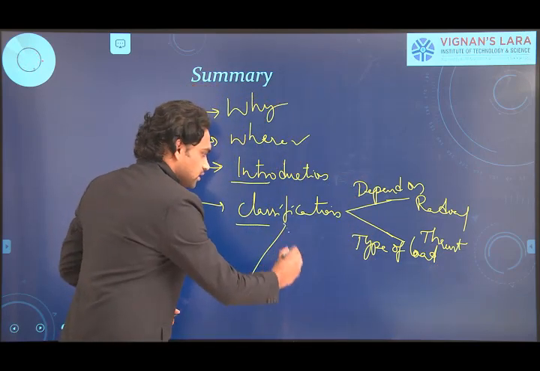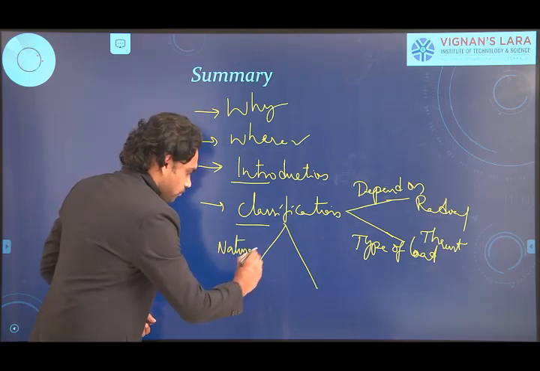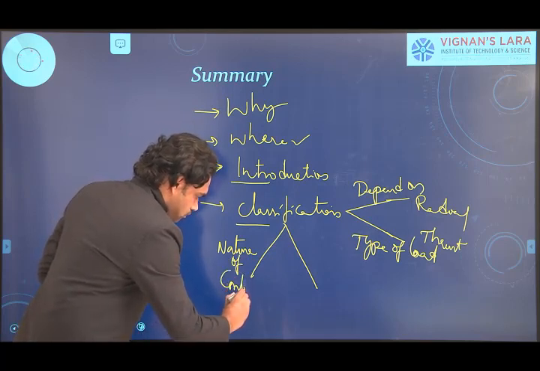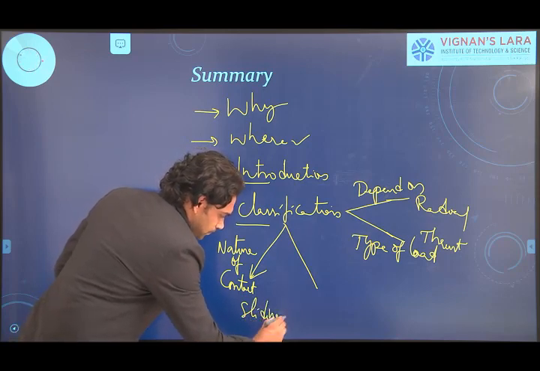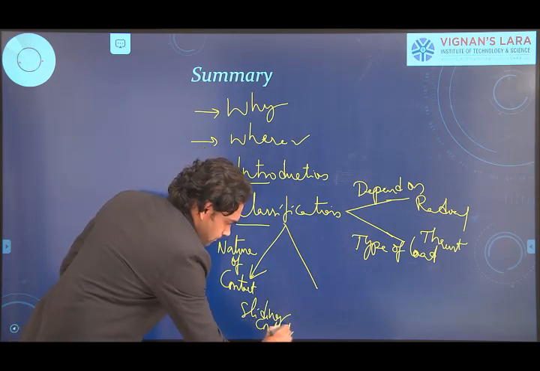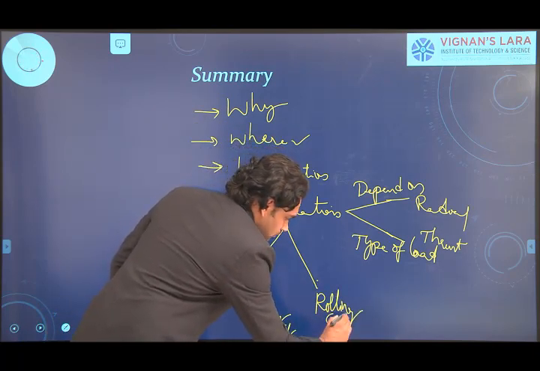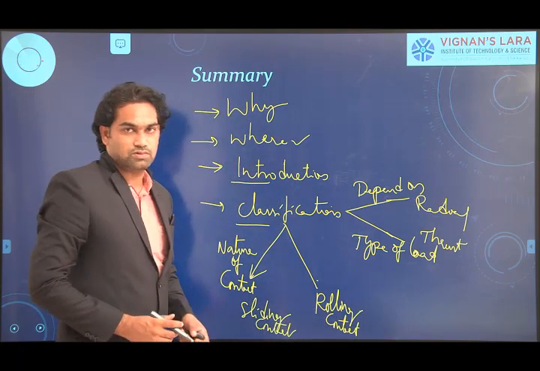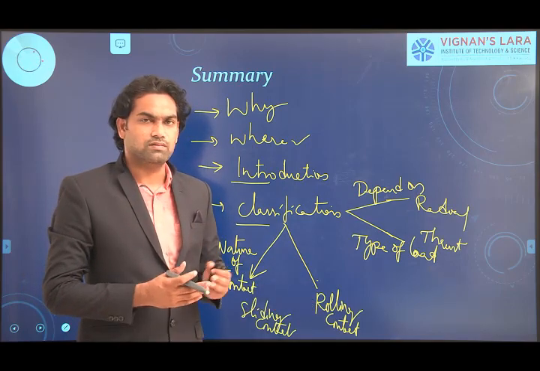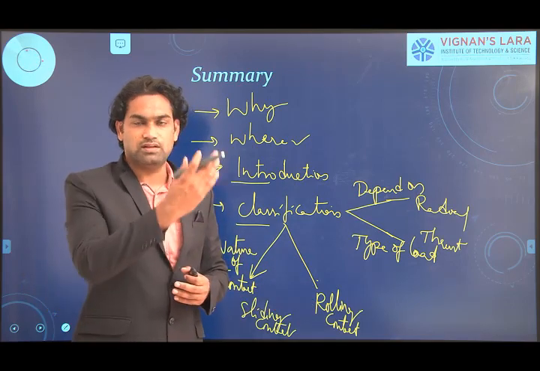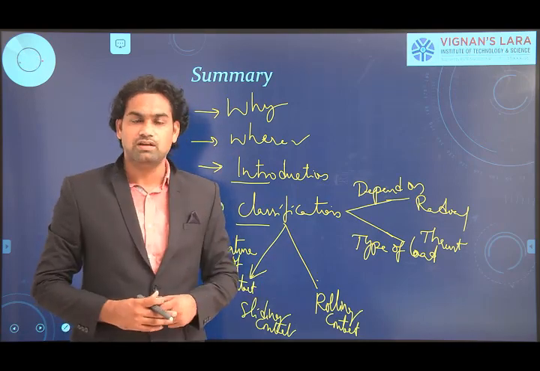As well, the classification can also be done based upon the nature of contact: sliding contact bearings, and another one is rolling contact bearings. You can also see in the design a brief classification for the rolling contact bearings. So these are the main points we discussed in this class.